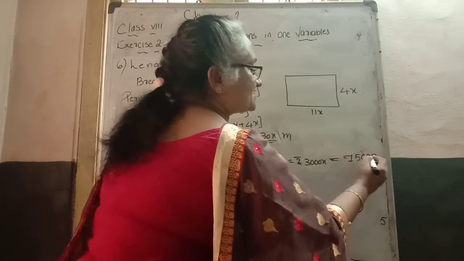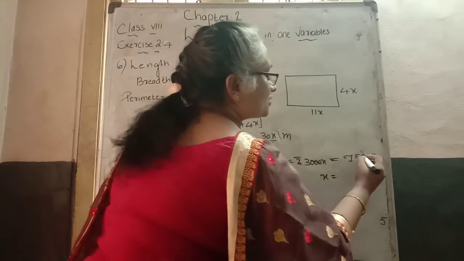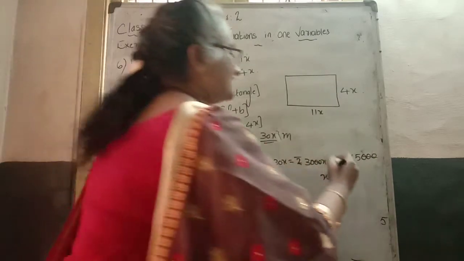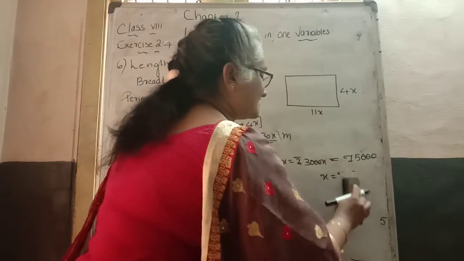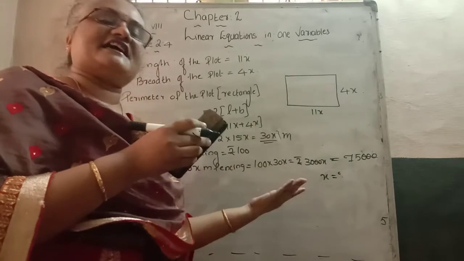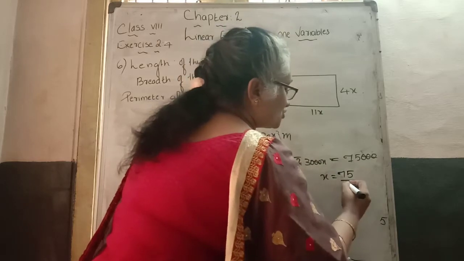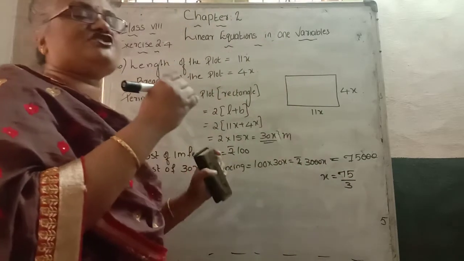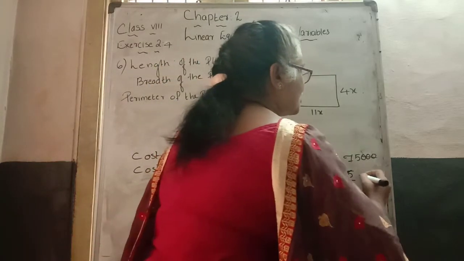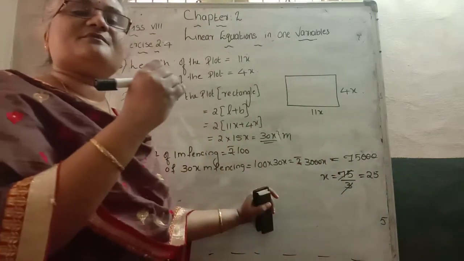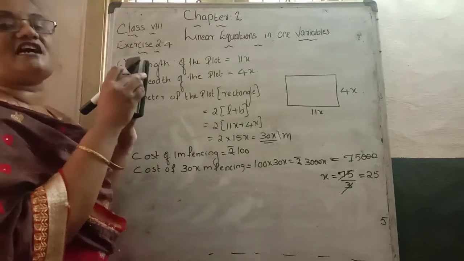So 3000x is equal to 75,000. Cancelling 3 zeros on both sides, then 3 and 75 cancel: 3 into 25 is 75. So x is 25.